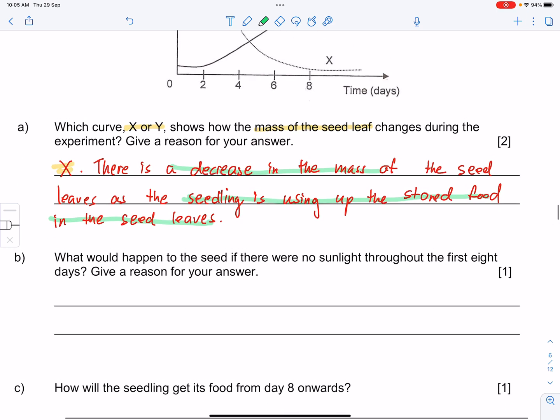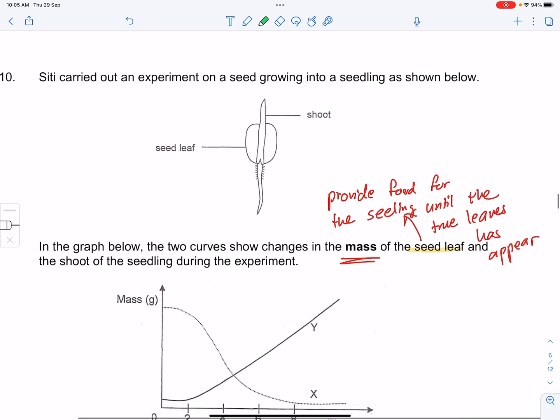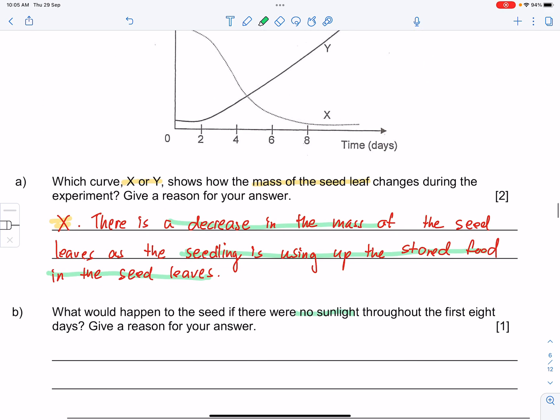Next, what would happen to the seed if there were no sunlight throughout the first 8 days? Give a reason for your answer. So this is a seed. Ask yourself, now, they only mention that there is no sunlight. They never say that every other thing is missing. So the answer would be the seed will germinate.